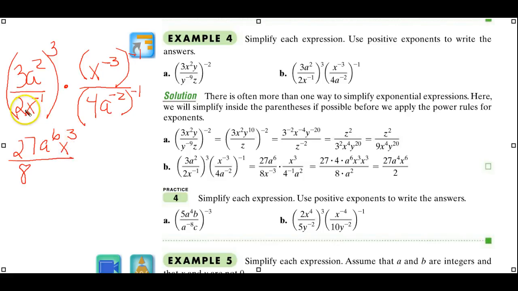So in the denominator, it was x to the -3. I'm saving a step by moving it up there. Now here I have x to the -3 times a -1, so this just gives me x to the +3 now. Now, this 4 to the -1 is going to bring this 4 up there. 4 to the -1 just brings the 4 up there. And then now a to the -2 times -1 gives me a to the second.